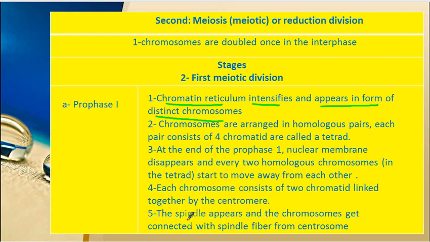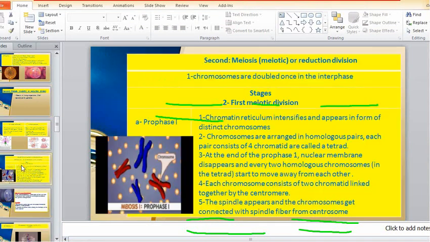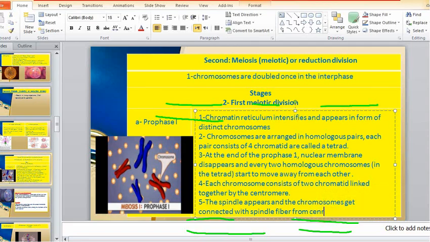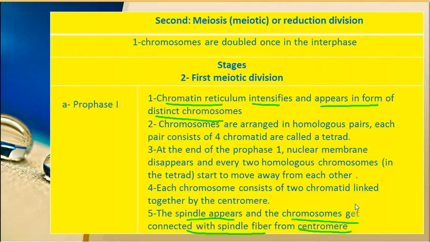Also, spindle fibers appear and chromosomes get connected with a spindle fiber from the centromere.